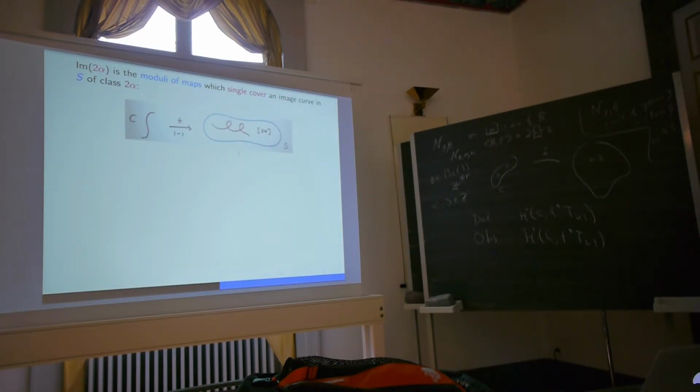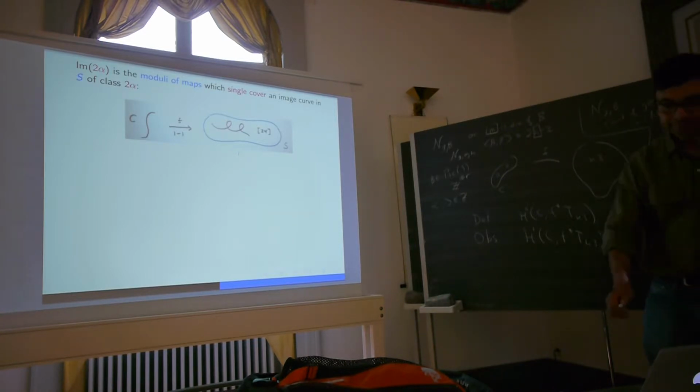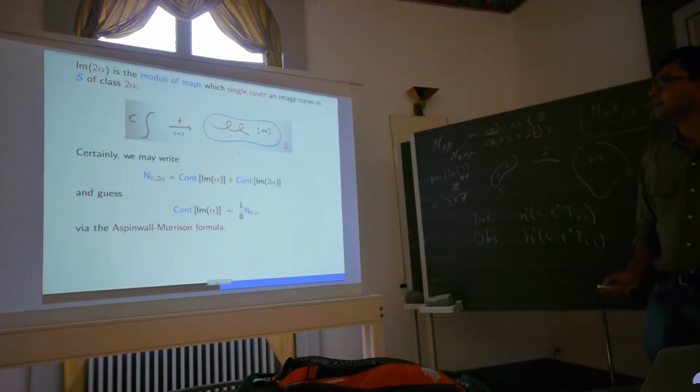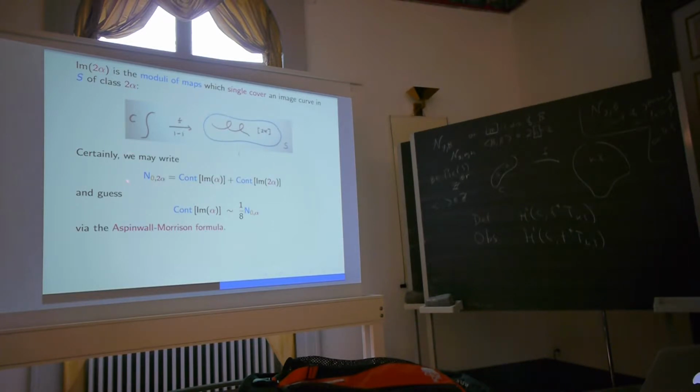In the primitive case, you can double cover a primitive one, or actually be an honest class 2 curve. So we can write this count as a contribution of these double covers and a contribution of these honest contributions. Those are maps that honestly have images in the primitive class.